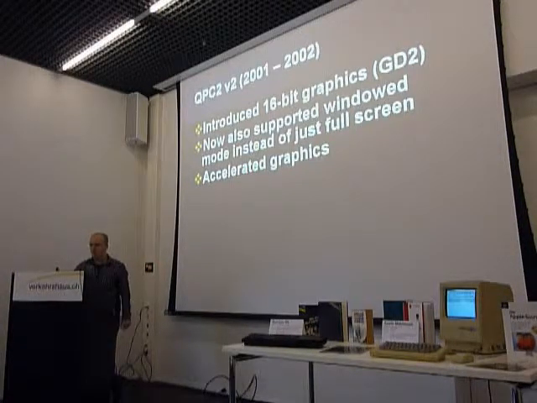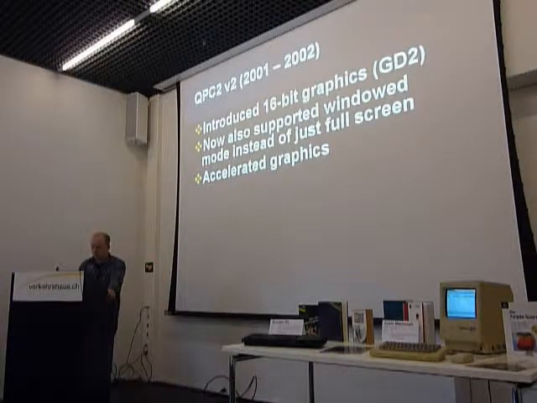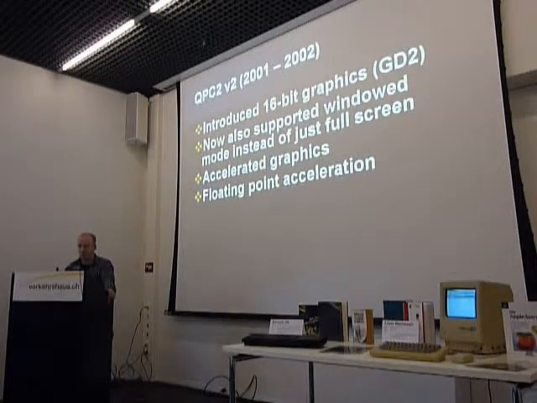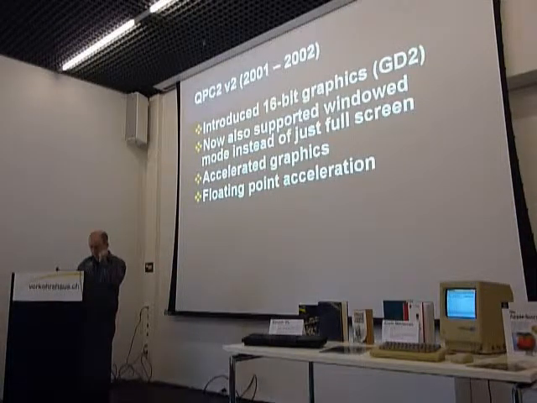So the whole system felt a lot snappier. Floating point was accelerated too, which just meant that I specifically adapted SBASIC to use the PC floating point unit instead of the slow emulated 68K floating point code.